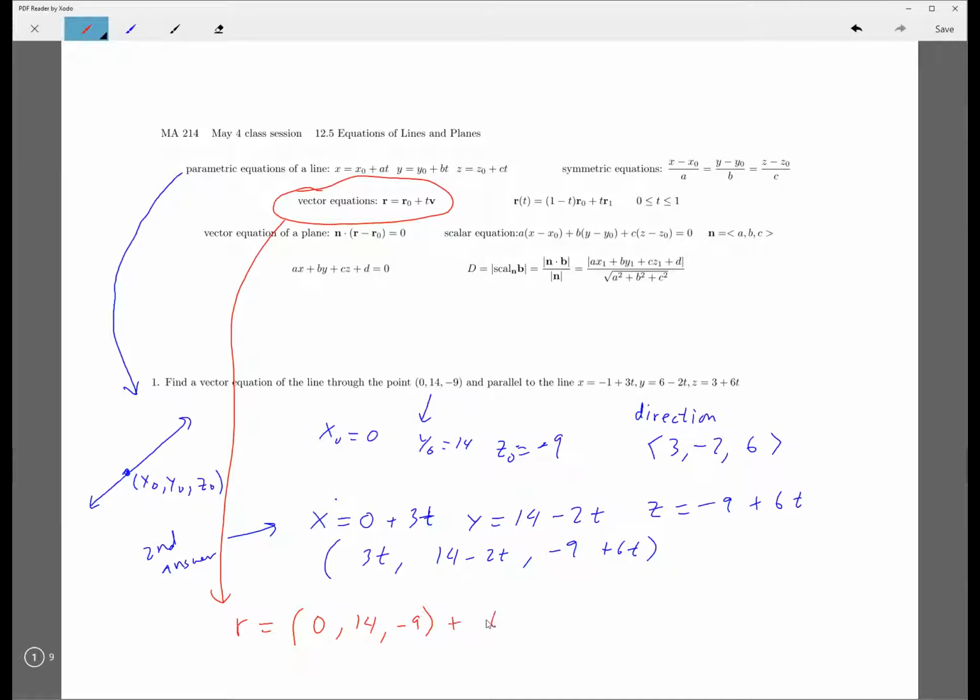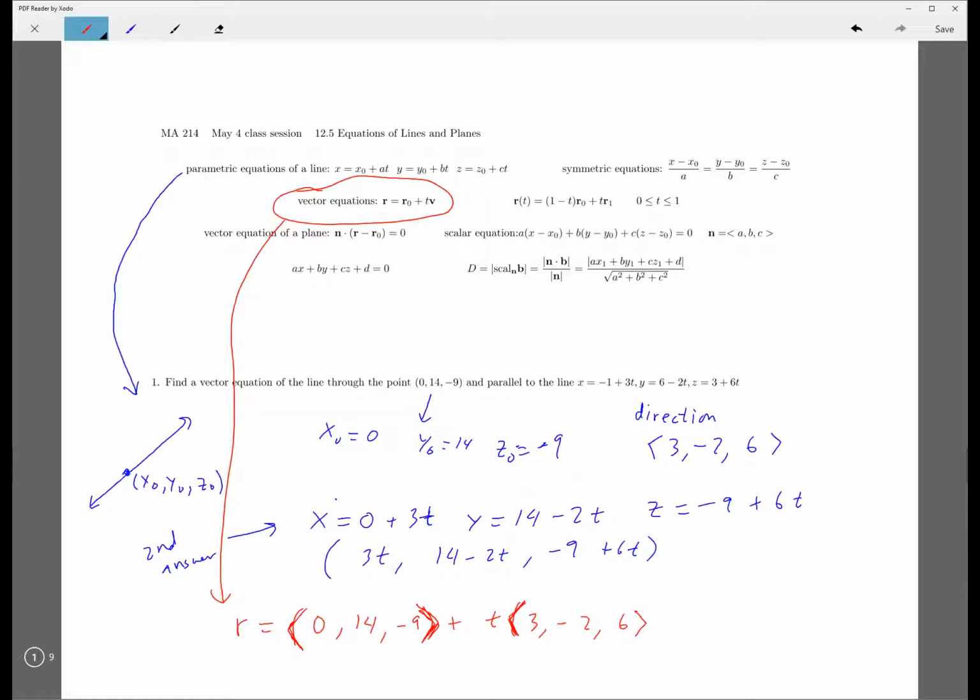And then t, which is your parameter, times the direction vector, 3, -2, 6. Except let's put it as a vector. You need this one as a vector also. So we'll put both those as vectors, and with the t on the front, and see what happens.